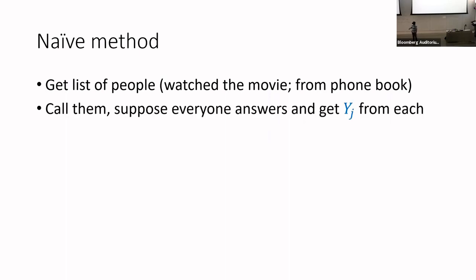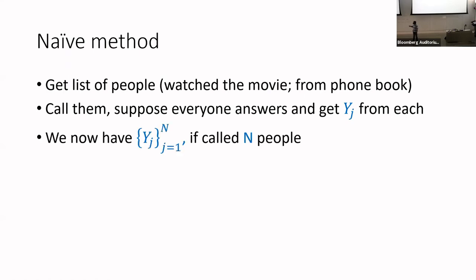I just call them, and then hopefully everyone answers, and then I get the opinion of all 100 people who I called, and now I just have a set of y_j that goes from 1 to n, where n is the number of people who answered. That's a sample from the population, and then I just take the mean opinion from that sample.